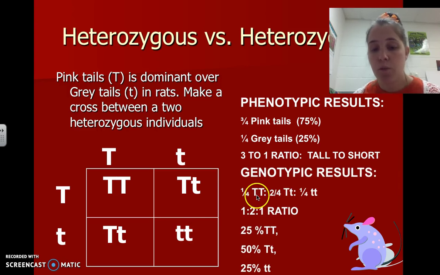So our ratio is 1 to 2 to 1, big T big T to big T little t to little t little t. And I can turn those into percentages: 25% big T big T, 50% big T little t, and 25% little t little t.